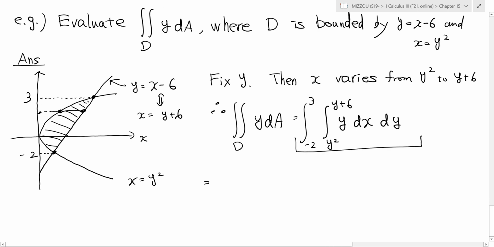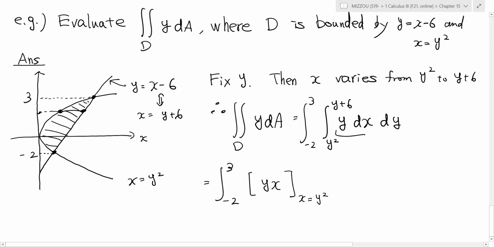So like I said, once you set up this iterated integral, the computation is more or less mechanical. You leave the outer integral, and then you integrate this with x. In order to emphasize the variable you are working on, it is better to put x equals y squared, x equals y plus 6, and then dy.